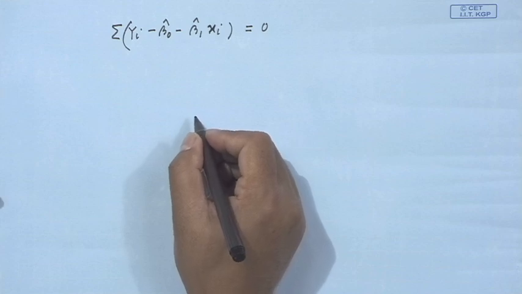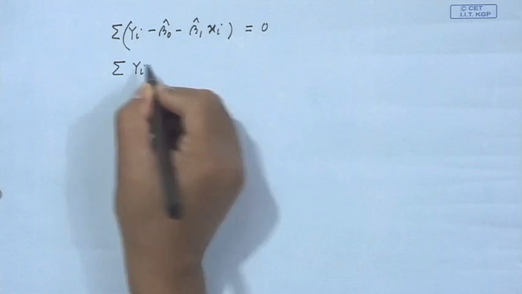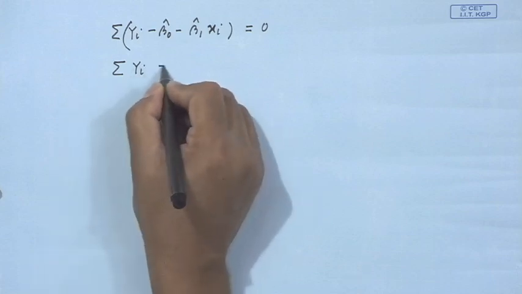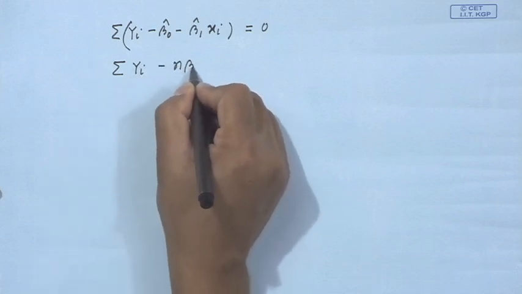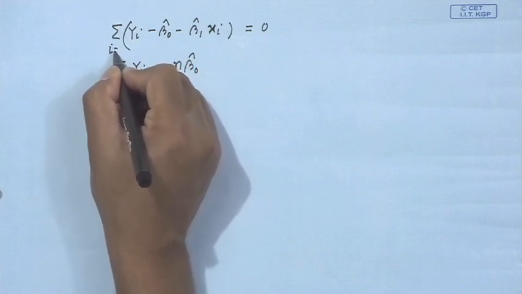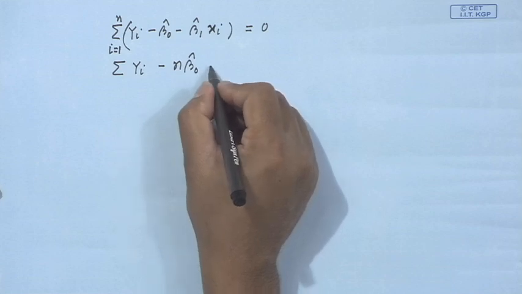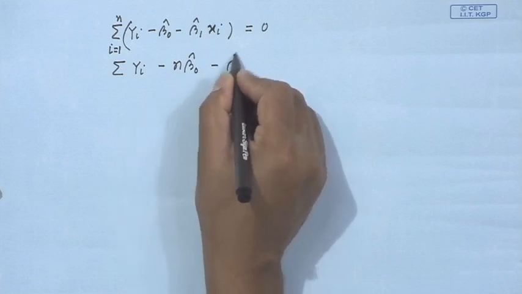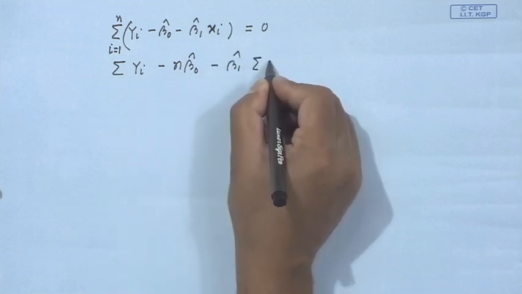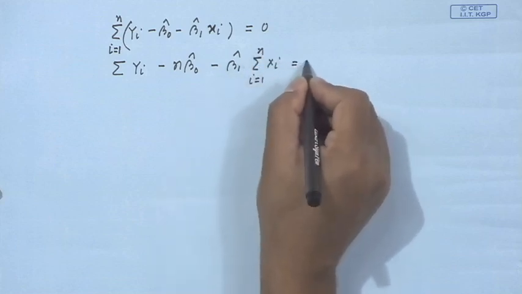From here I can write summation y I minus n beta naught hat, because this sum is from 1 to n, minus beta 1 hat summation x I, from 1 to n, equal to 0.